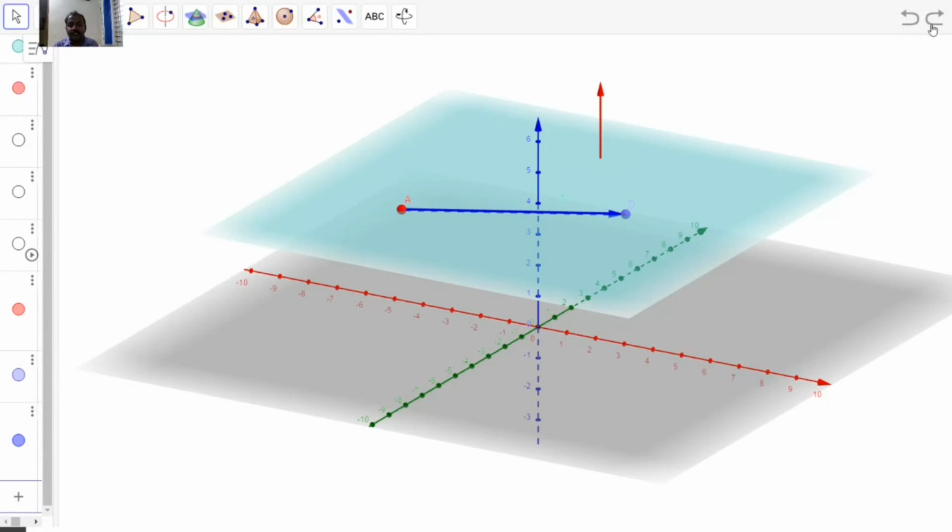So you have 2 points on the plane, A and B, and a vector perpendicular to the plane. So we import this to our board.